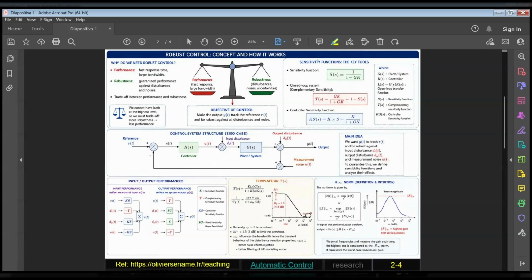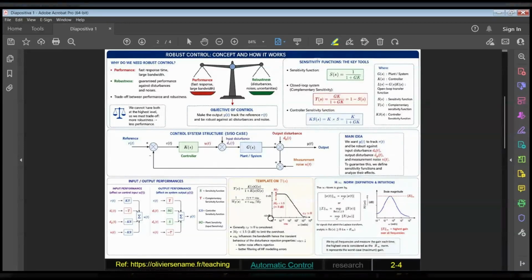Now let's focus on the sensitivity function S. The sensitivity function links disturbances to the output. Since we want disturbances to have as little influence as possible on the output, we would like S to be very small at low frequencies, because S is equal to 1 minus T, and we previously said that T should be close to 1 at low frequency.